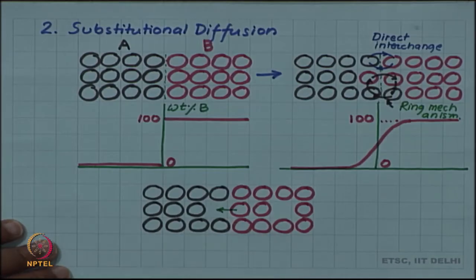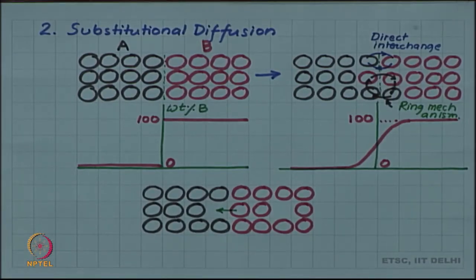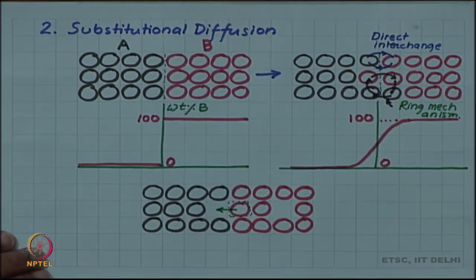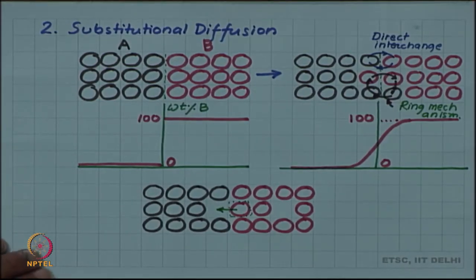So, if this red atom jumps into the neighboring vacancy, you can see that it has entered into the B side, and where it has jumped from, that original site will then be left as a vacant site, and some neighboring atom can jump into that site, and so on. So, with this mechanism, the diffusion is possible, and it has been shown now.